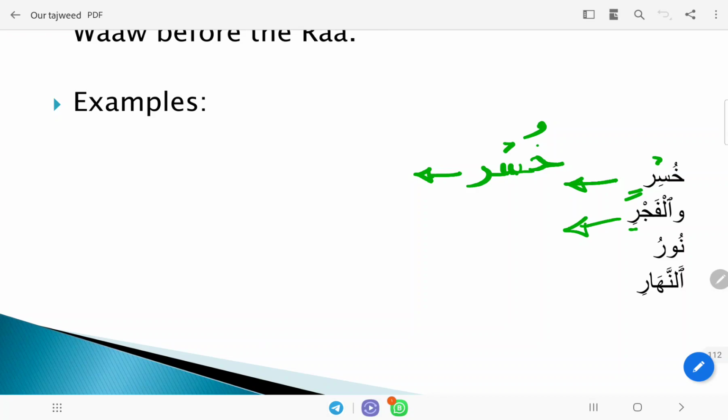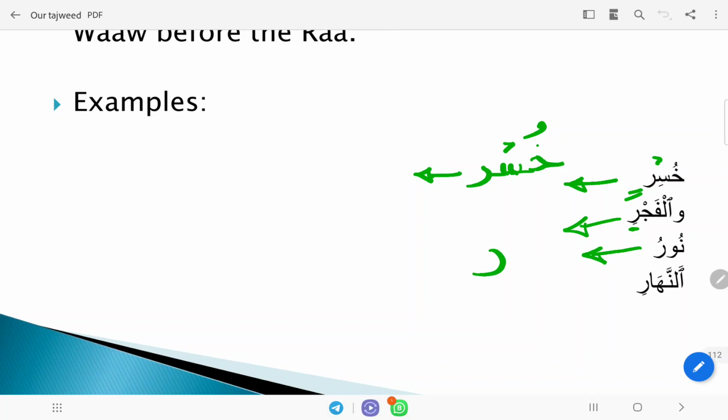Here the ra has kasra, but when we stop at the word والفجر, we will give the ra sukun, and then notice that the ra is preceded by sakin, and the second letter is preceded by fatha, and so here the ra will be heavy. The next example, nur.